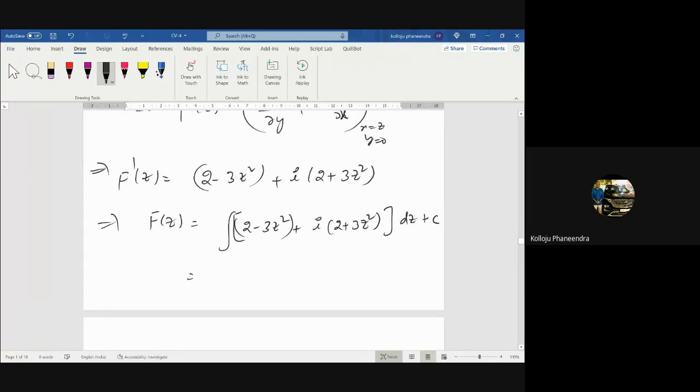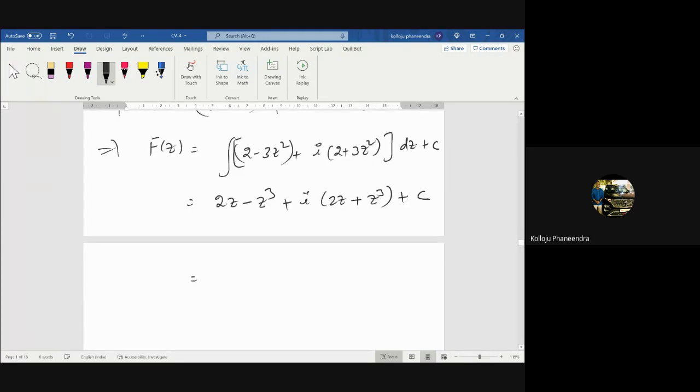So what is this? Final answer: 2z minus z cube plus i into 2z plus z cube plus c. Now how can I split?